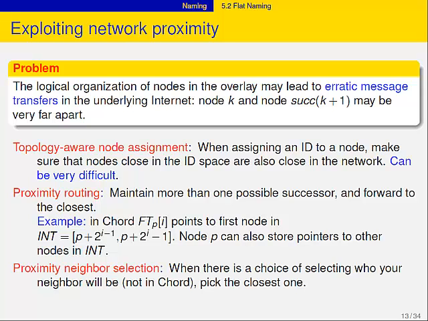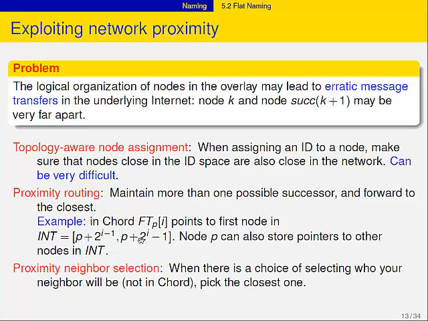Okay. Now, another thing you could do is proximity routing. Now, what you do is essentially you maintain more than one possible successor, and I think I hinted at this last time. So in Chord, normally what you would have in the finger table is that this entry would point to the first node in this interval.